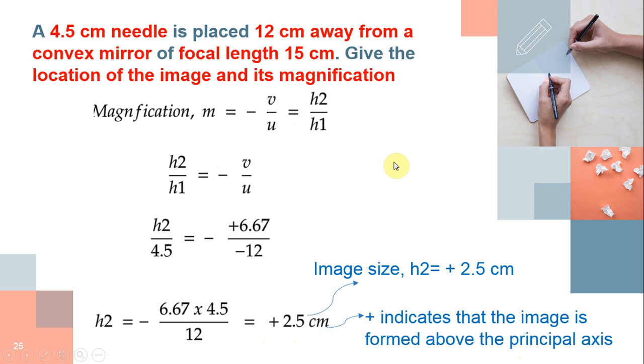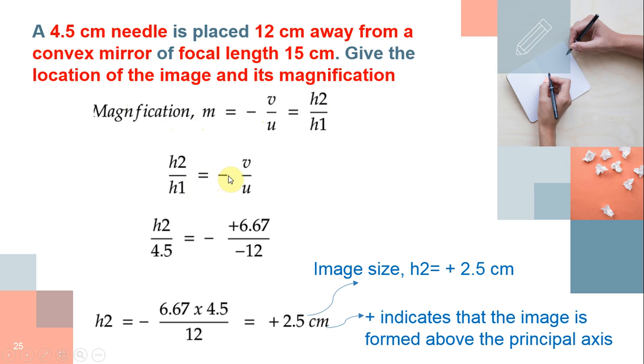Next we find the size of the image using the magnification formula. Here I is missing. Magnification M is equal to minus V by U is equal to H2 by H1.